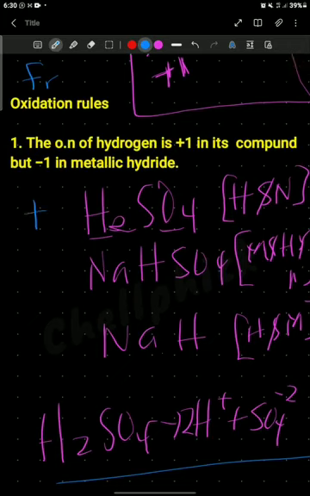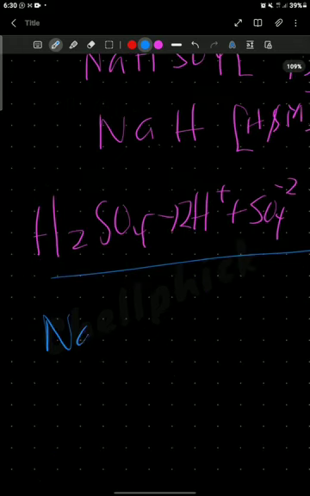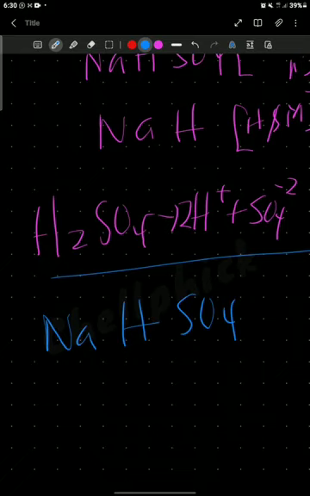Don't forget hydrogen belongs to group 1. I told you that the oxidation number will never be greater than the group it belongs to. So its oxidation number here will be the positive version of it because it's behaving like a metal. Metals are electropositive, that is, they lose electrons. Now we have sodium, hydrogen, and SO4 to form sodium hydrogen tetraoxosulphate(VI).